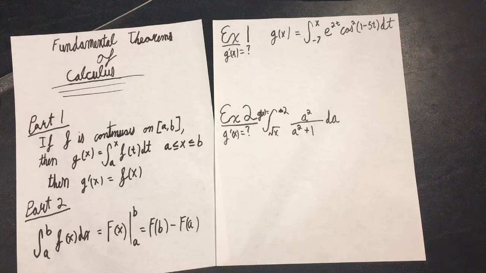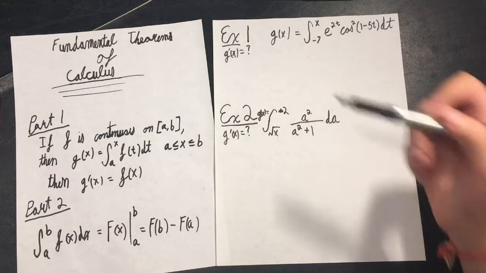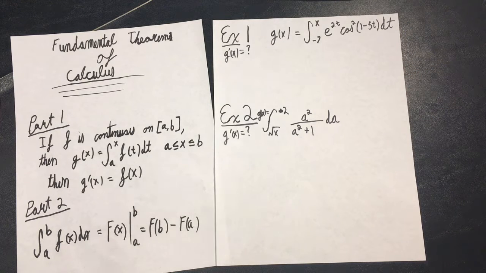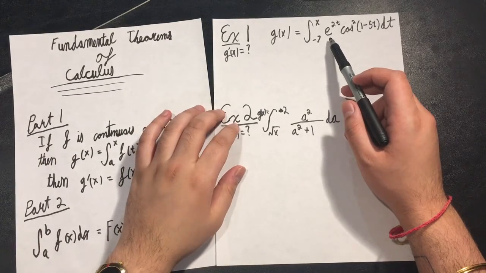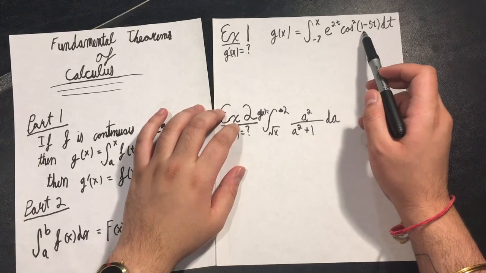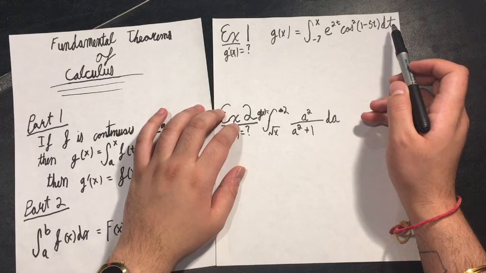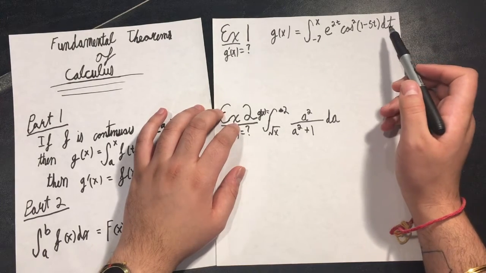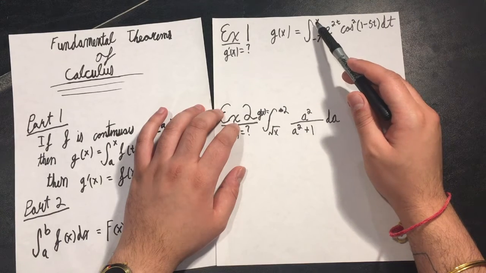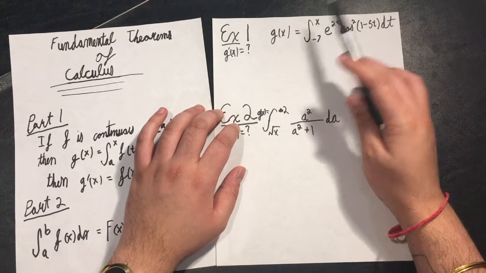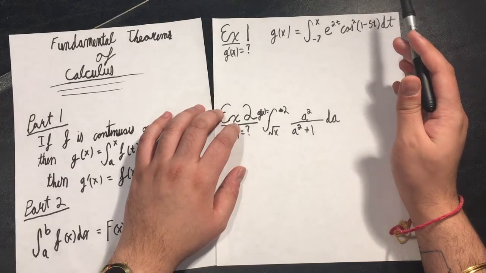First example here, we're going to find the derivative of these functions using the Fundamental Theorem of Calculus. The integral from -7 to x of e to the 2t cosine squared of 1 minus 5t dt. So this is just a simple substitution, right? Especially since our upper bound is just x, nothing else to it.